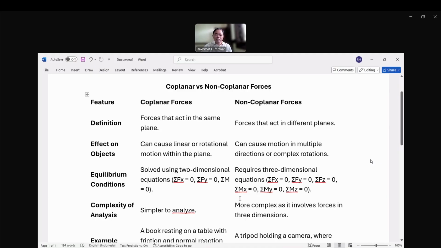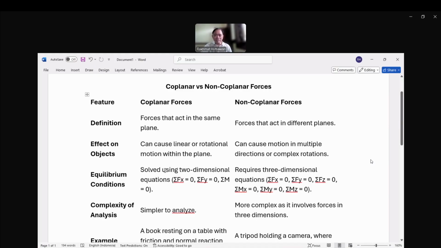For this engineering mechanics, we use mostly coplanar forces, but in reality, you're going to need non-coplanar forces. If in the future you discuss the forces acting on your product, for example, with mechanical or civil engineers, they will use non-coplanar forces because it's closer to reality.